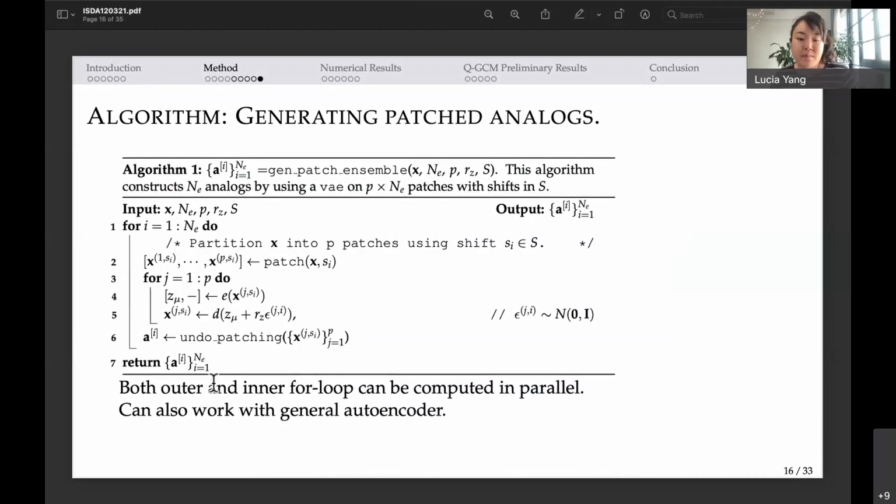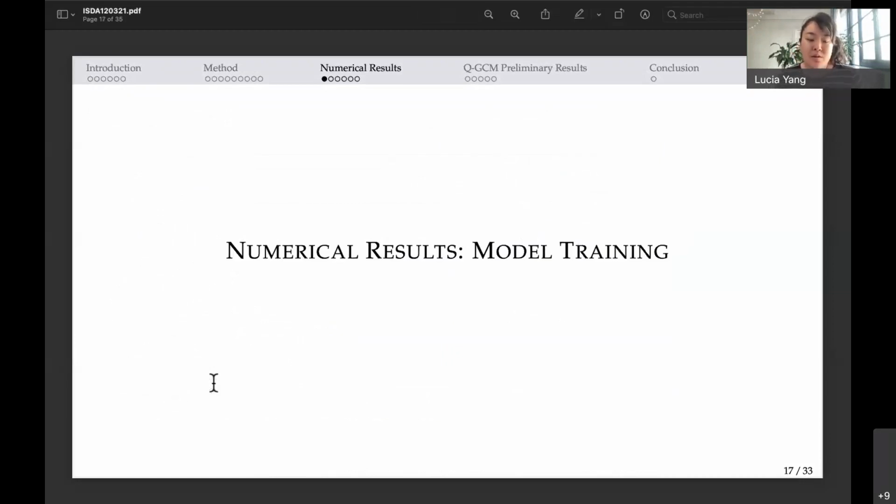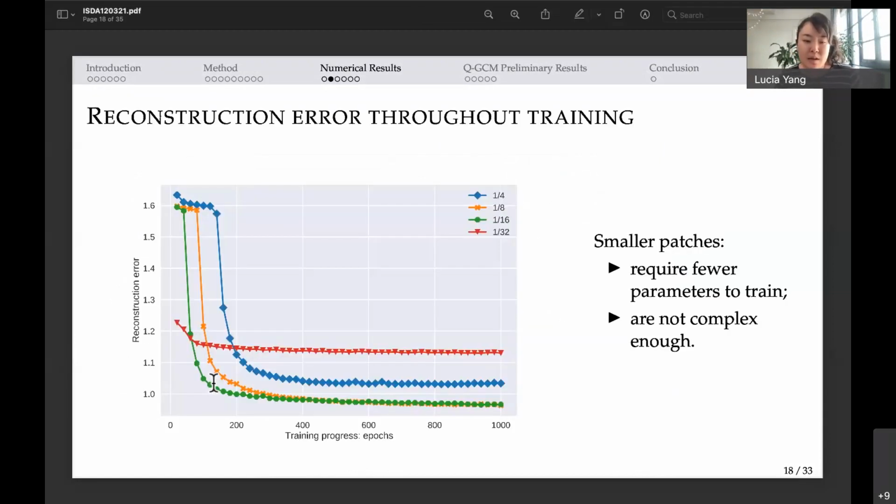Okay. So I am going to skip some of the details because I don't have too much time, but I've experimented with using different size patches for our patched constructing analog EnOI methods. The patch sizes range from 1/32 of the domain to 1/4 of the domain.